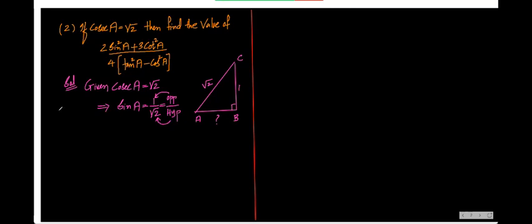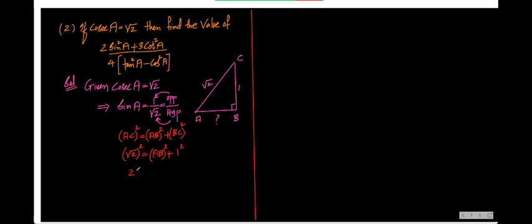What is the Pythagoras theorem? The square of the hypotenuse is equal to the sum of the squares of the other two sides. AC square is equal to AB square plus BC square. We know AC is root 2, so root 2 whole square is equal to AB square plus BC square, where BC square is 1 square.